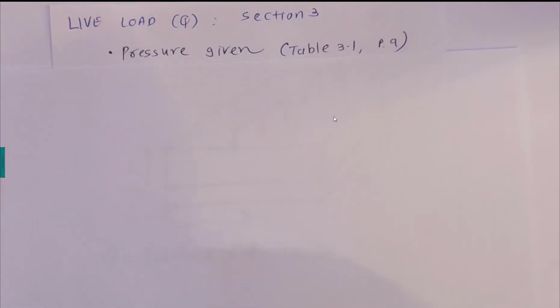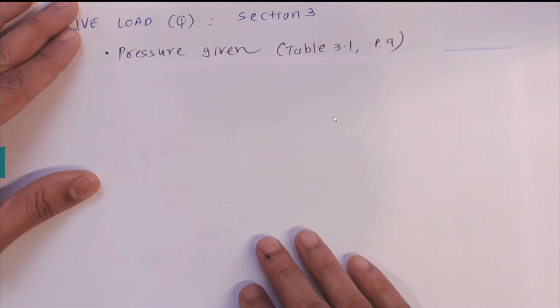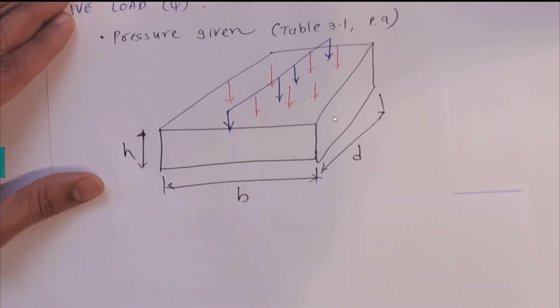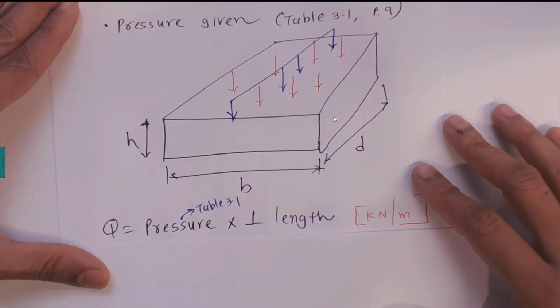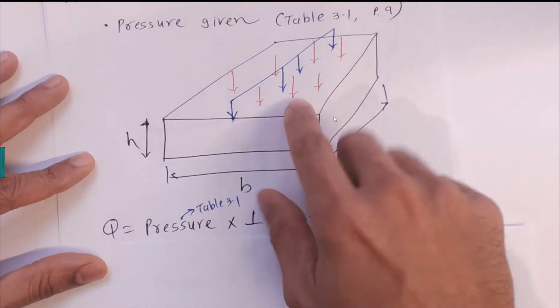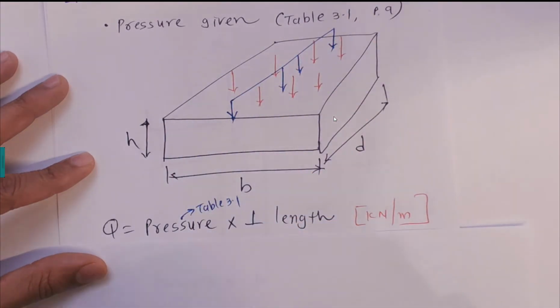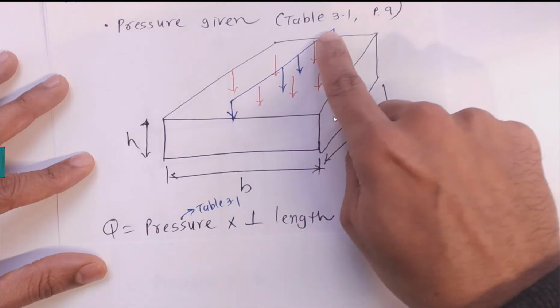Now this is just a typical example, so the pressure will be given, but generally we are interested in getting the UDL load. We are going to follow the same procedure as for the dead load. If we have a slab in an office building, we take the pressure from the table, 3 kilopascals, but we are interested in getting the UDL load that is presented in blue.